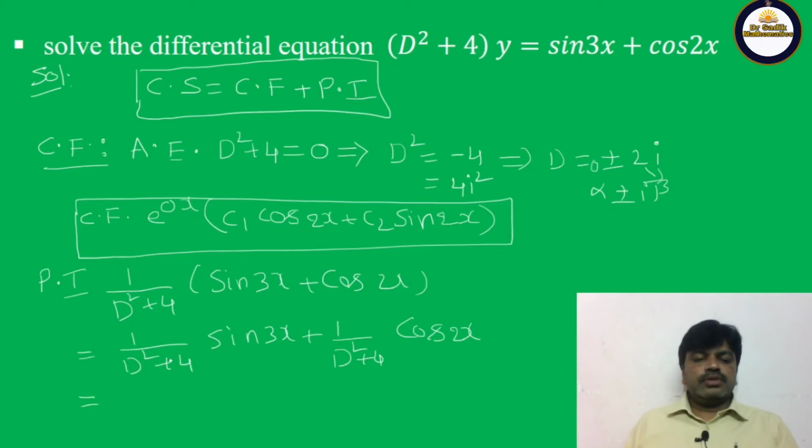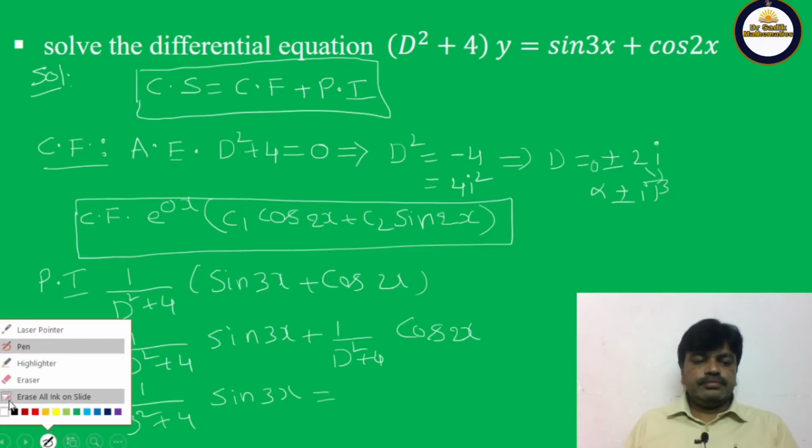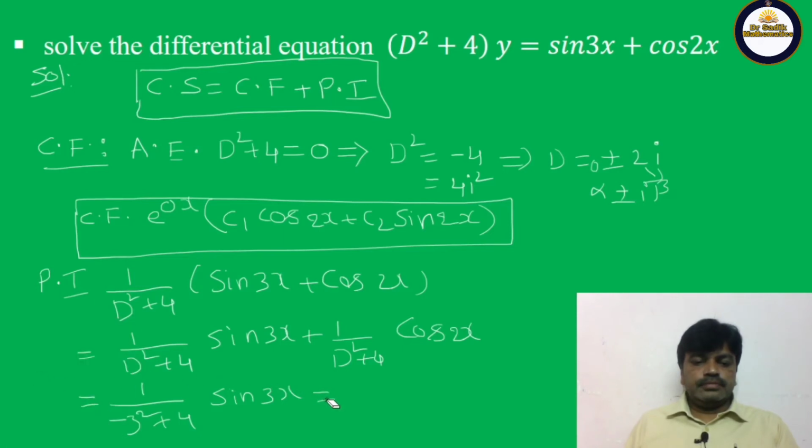See, friends, here replace D square by minus 3 square. I want to write here 1 by minus 3 square plus 4 into sin 3x, plus, whenever I replace here, we get minus 2 square plus 4, which is 0, friends.